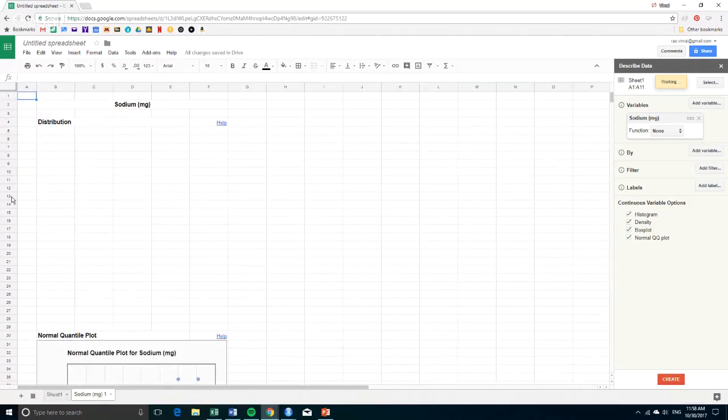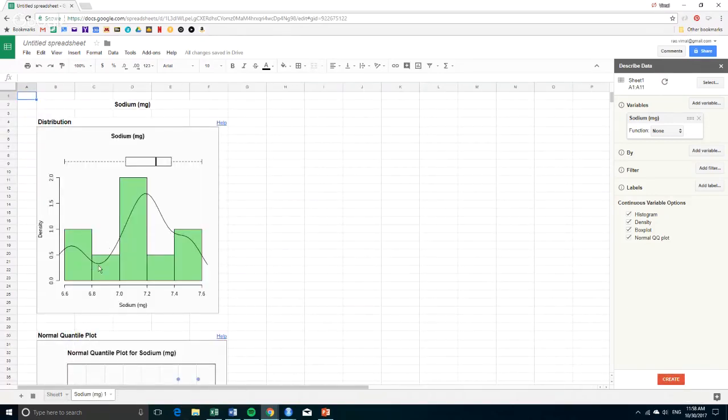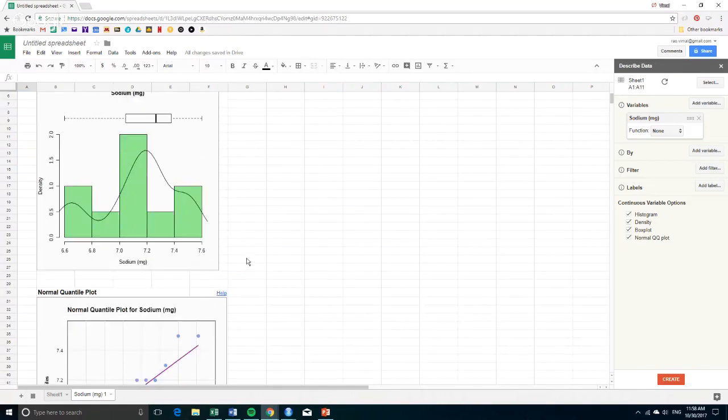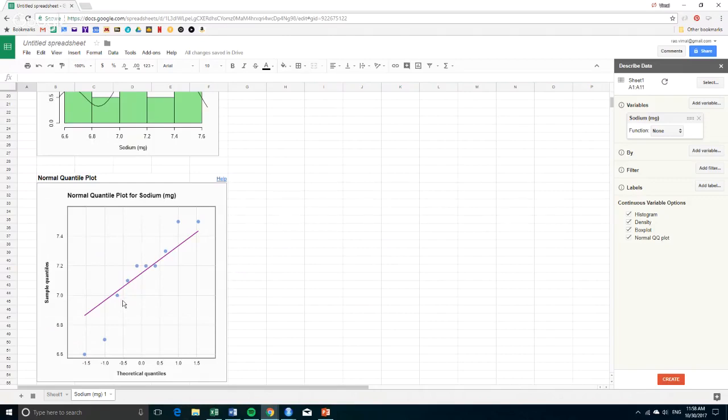So just looking at sodium, well, the density plot doesn't look very normal, but there's only 10 observations. So the QQ plot's going to be more informative. And well, we have these two observations here that are well below the mean and two up here that are slightly above. But the group in the middle looks relatively close to that straight line. So, okay, maybe this is not overwhelming evidence to suggest that this data is not normal, but these two outliers are a little bit concerning to me.